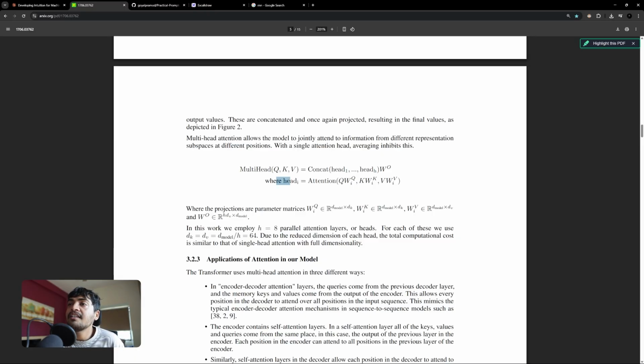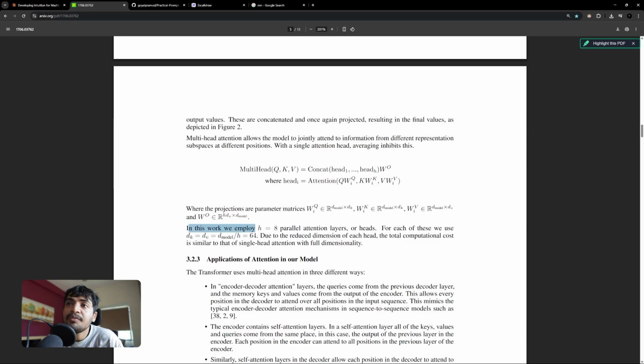Where head i equals Attention(Q W_i^Q, K W_i^K, V W_i^V), where the projections are parameter matrices W_i^Q, which lies in the real matrix domain of d_model by dk, W_i^K of d_model by dk, W_i^V, which lies in d_model by dv, and W^O, the output matrix, which lies in R^(h dv by d_model).